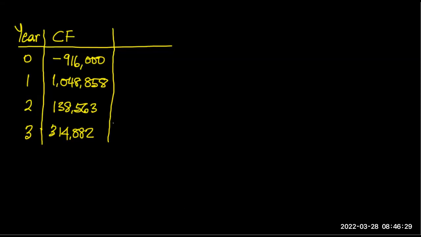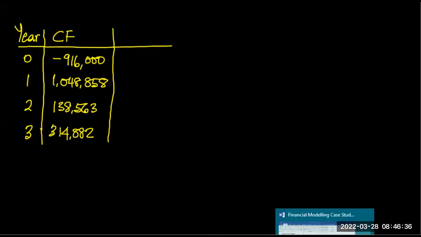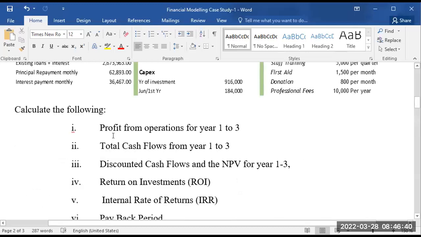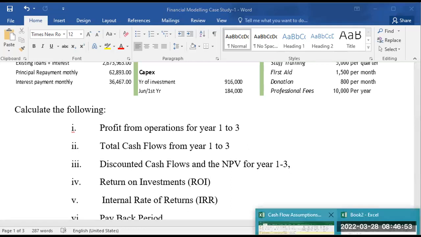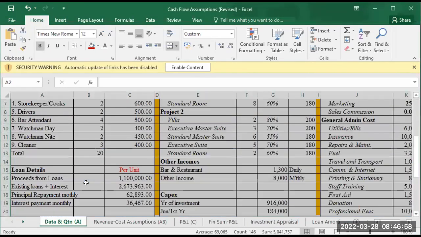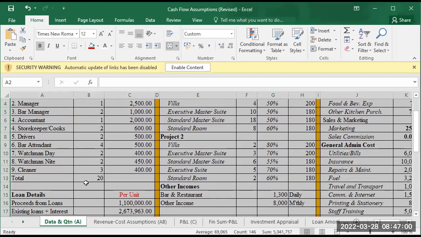But before we do this, remember I mentioned earlier that I'll show you the spreadsheet solution of the profit from operations for year 1 to 3, that is the total cash flow from year 1 to 3. Here it is. Remember, this is the same question.